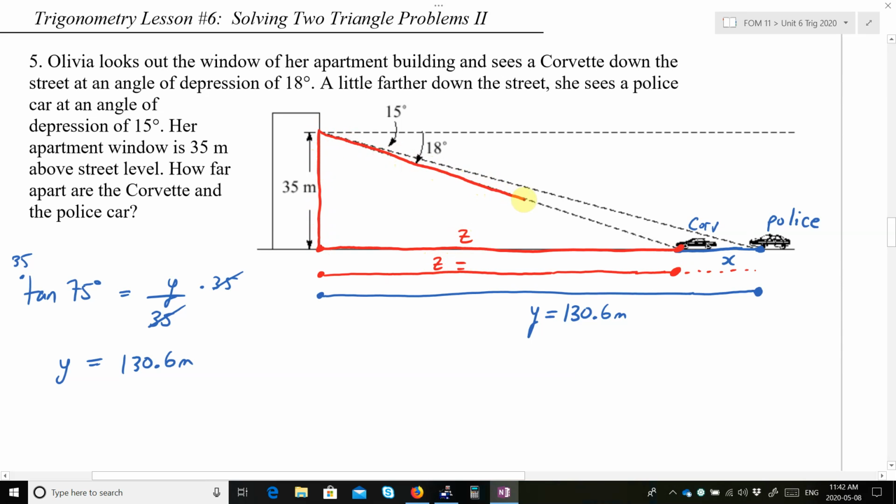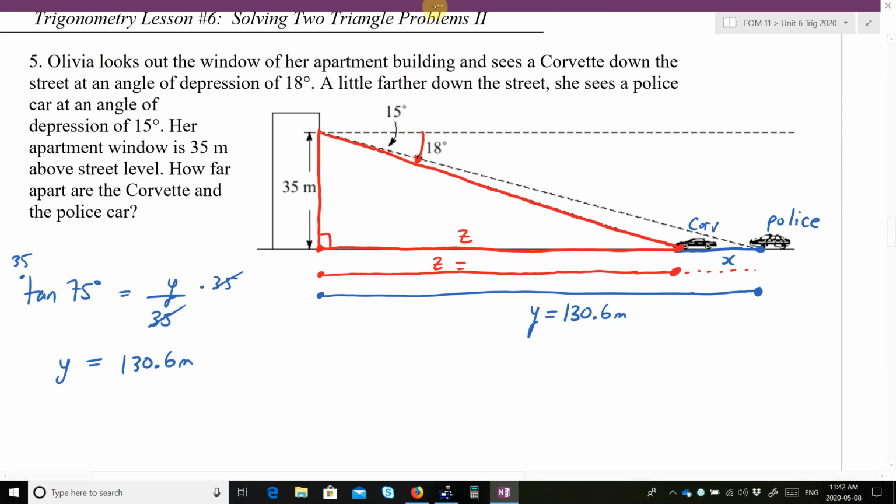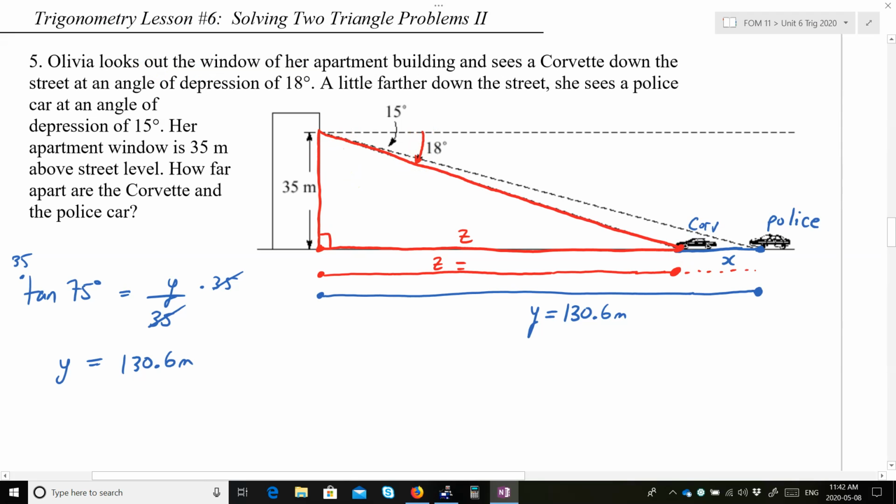Here's our 90 degrees. If it's 18 degrees down to there, and the whole thing is 90, we'd have to go 90 minus 18 to get our angle in the corner there. 90 minus 18 is 72 degrees this time.